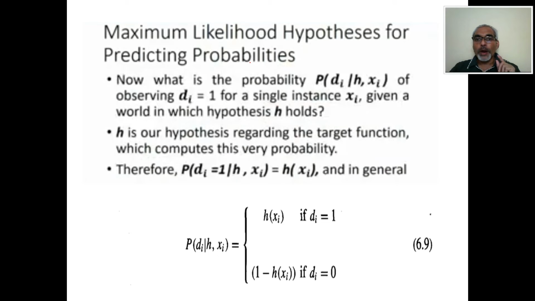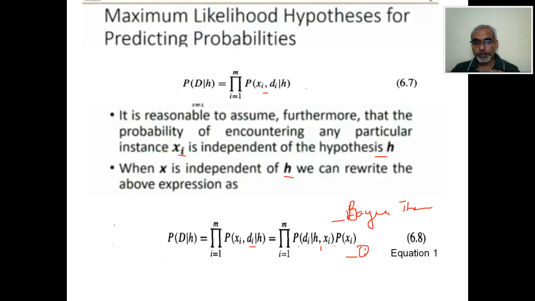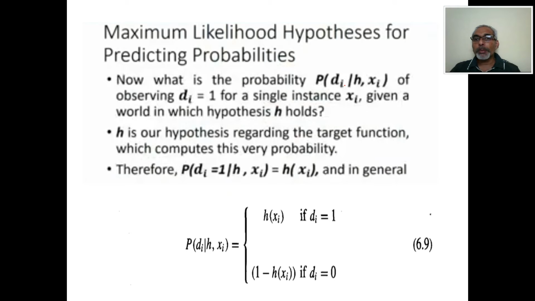Now what is the probability of di given h comma xi? That means if you take your first term here, probability of di given h. So now what is this probability of di given h comma xi of observing di equal to 1? What is the probability that it gives 1, for a single instance xi given a world in which hypothesis h holds?